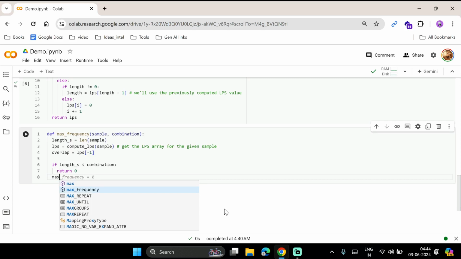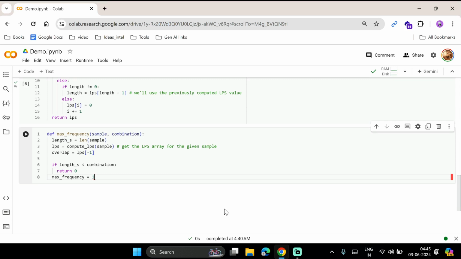So let's say the max frequency, or max occurrence, let's call it max frequency itself, equals to, now once you know the maximum number of times sample can fit in the combination, you know how much leeway you have with all the overlaps.